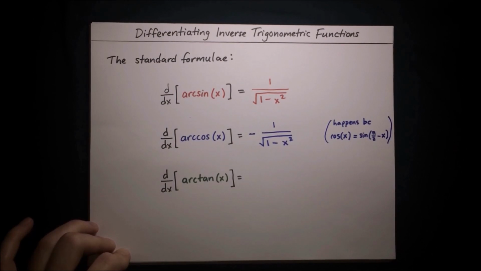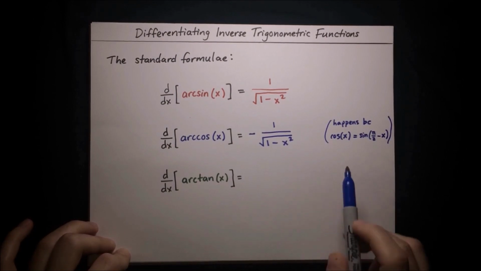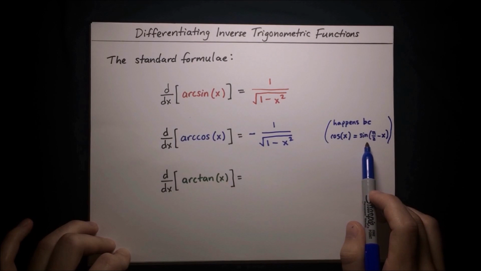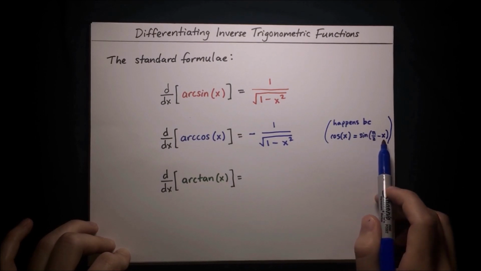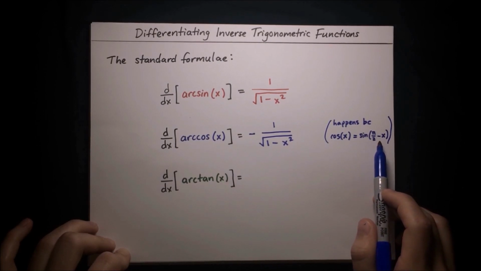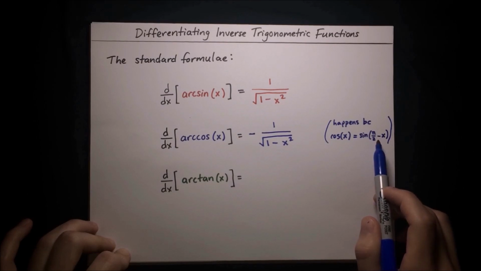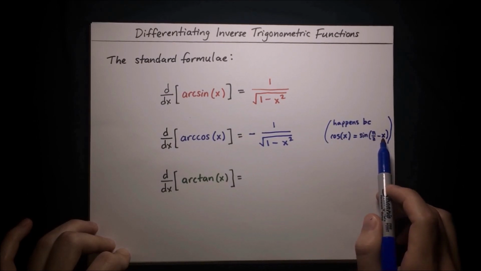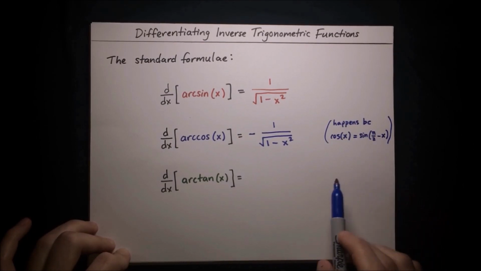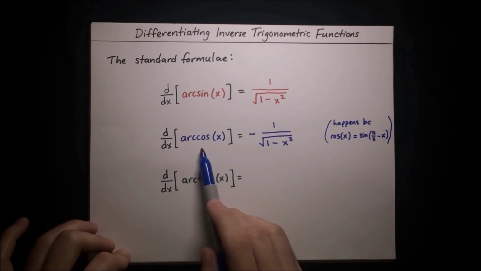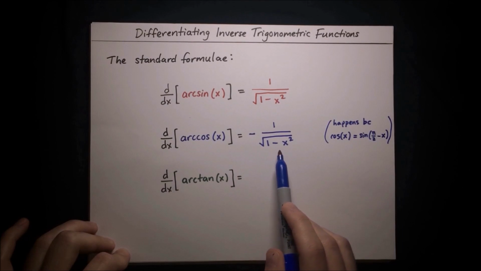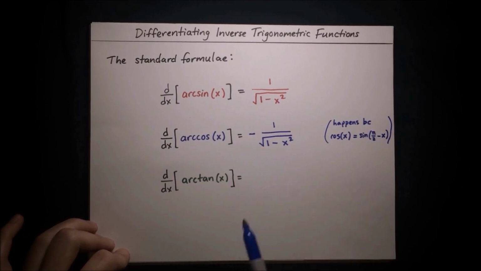That's an identity for cosine, and if you differentiate both sides of this identity and use the chain rule on that sine of pi over 2 minus x, you end up introducing a negative because negative 1 is the derivative of pi over 2 minus x. Alright, so the takeaway for arc cosine is just to remember that the derivative of arc cosine is the negative of the derivative of arc sine. So it's negative 1 over root 1 minus x squared.